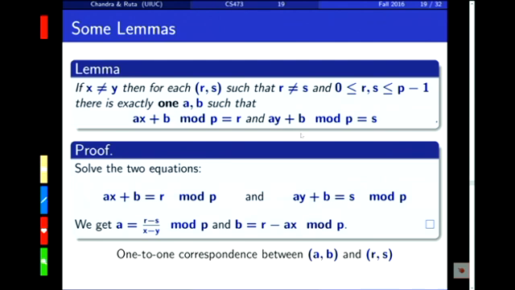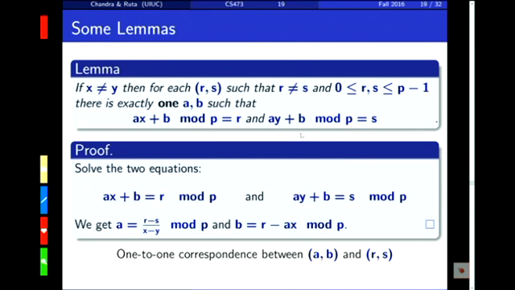Can I have another RS which gives me the same values of A and B? So given RS, X and Y are fixed anyway, so forget about that. Given RS, I am generating A and B with these formulas. Now suppose I give you another R prime, S prime.